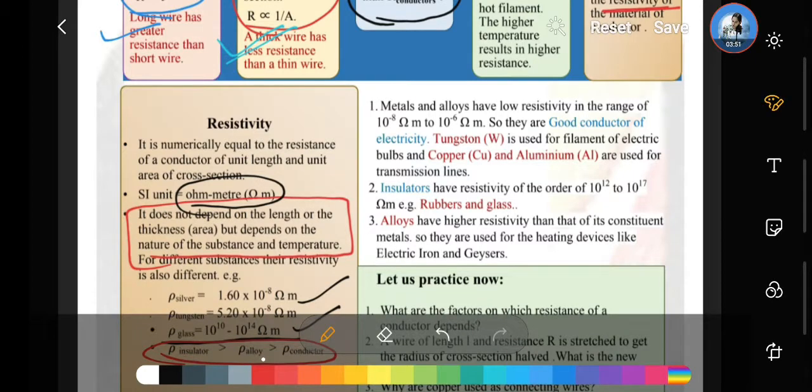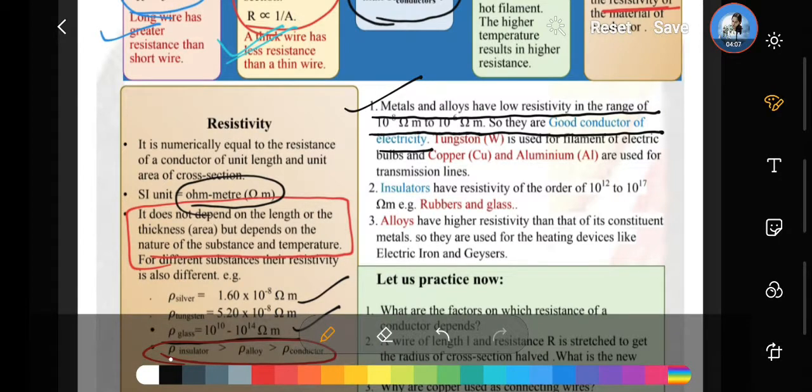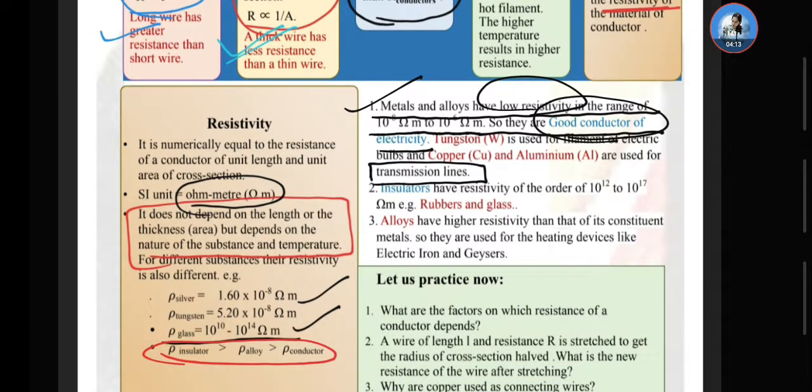Then what are the daily life applications, students? First, metals and alloys have low resistivity, in the range of 10 raised to power minus 8 to minus 6, and they are good conductors of electricity. Secondly, as good conductors, they are used in transmission lines.